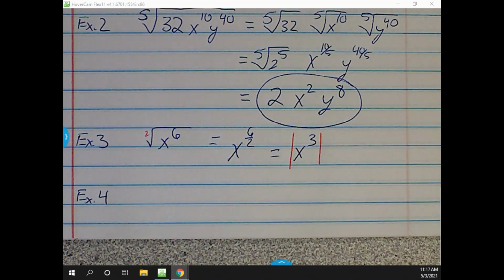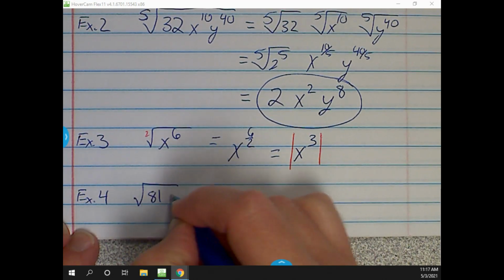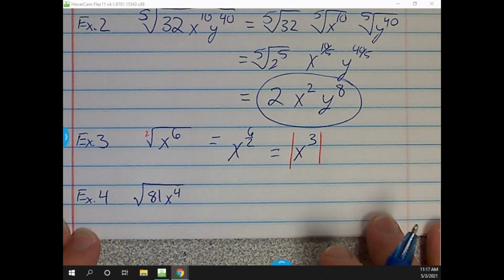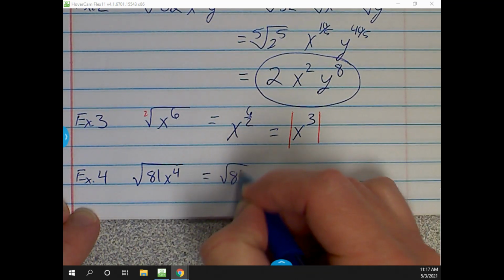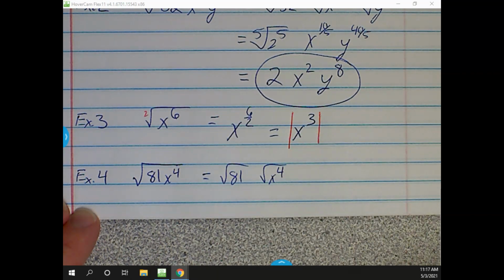All right, so let's do the square root of 81 x to the fourth. What we're going to do is break it up, think about it as the square root of 81, and then the square root of x to the fourth. Again, without an index there, that's understood to be 2.